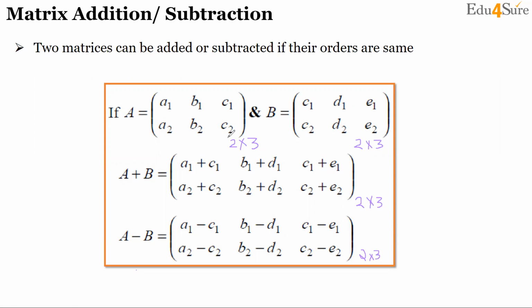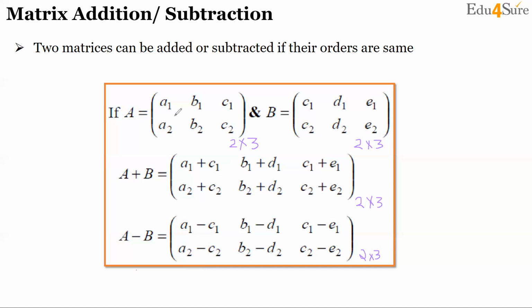So when you are going to do addition or subtraction, always remember the operation will be performed only when you have the same order. When you have the same order of matrix, only then can we do the arithmetic operation, addition and subtraction.